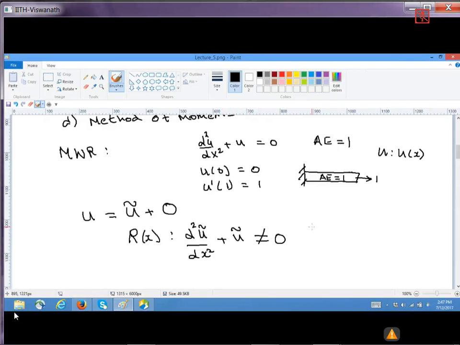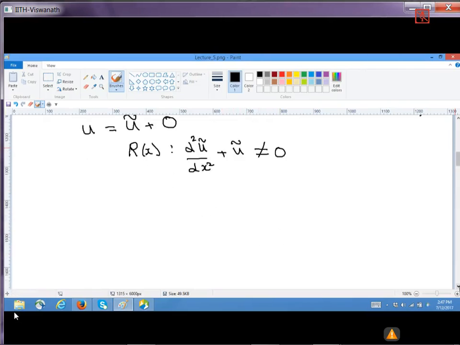With this as the starting point, the method of weighted residual says that the integral of this residue integrated over some domain with some weighing function w of x is equals to 0.